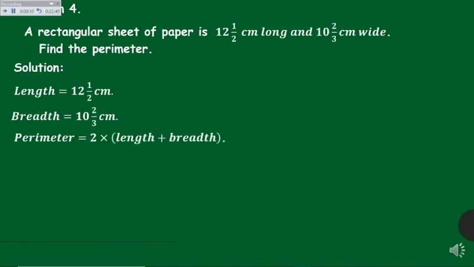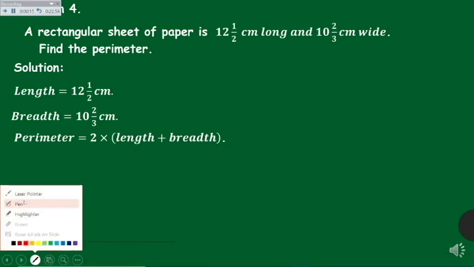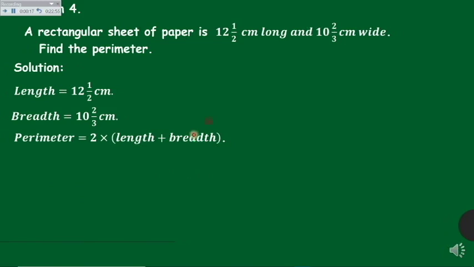Perimeter equals 2 multiplied by length plus breadth. Here you see, beta. Afterward, you have to put the values. So this you will write here and this you will write here.